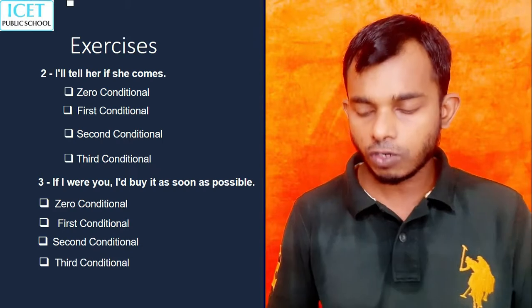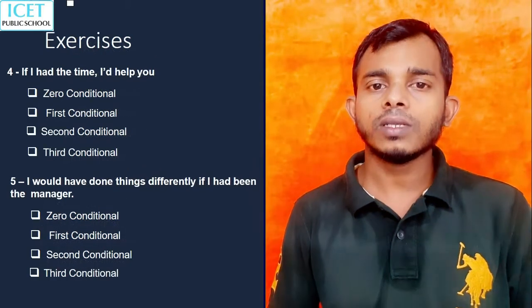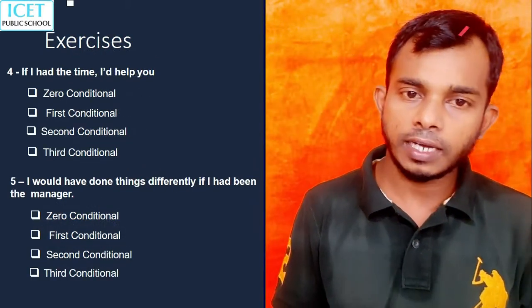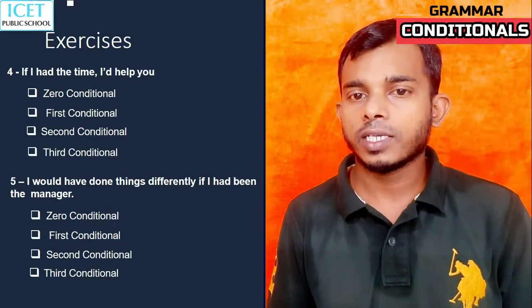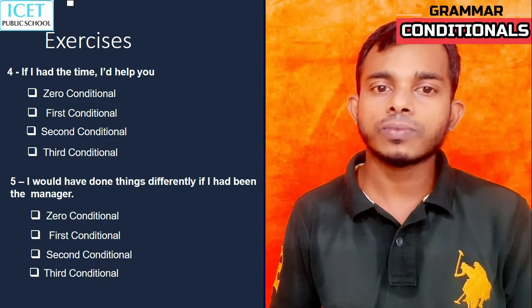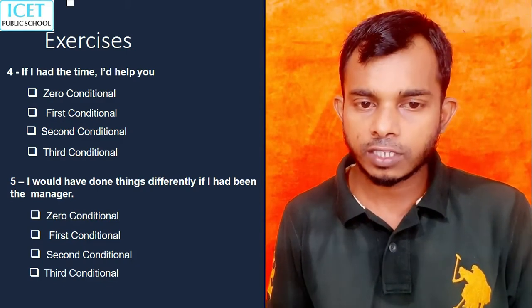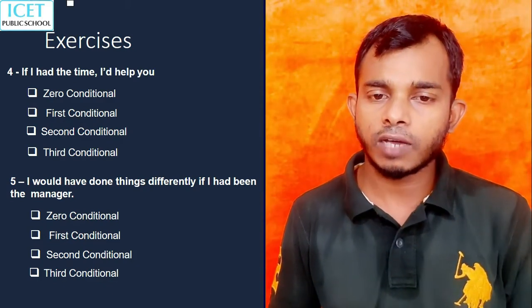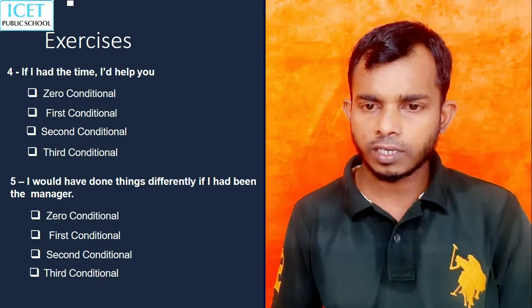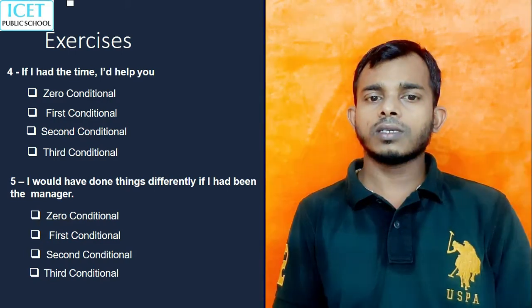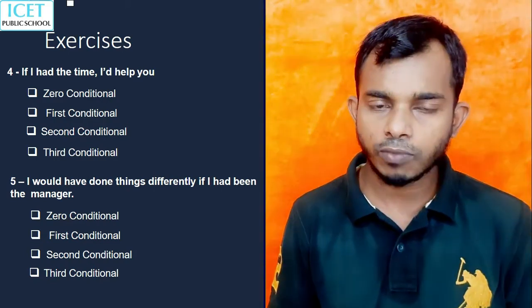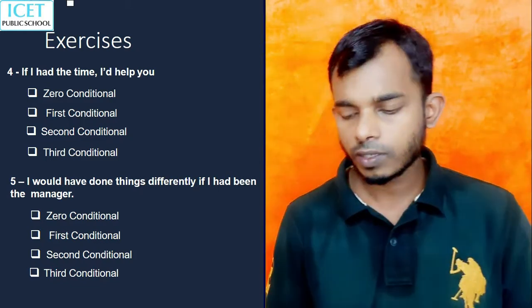So here also you note down the answer. Here, if I had time, I would help you. And the fifth one, I would have done things differently if I had been the manager. What type of sentence is this?